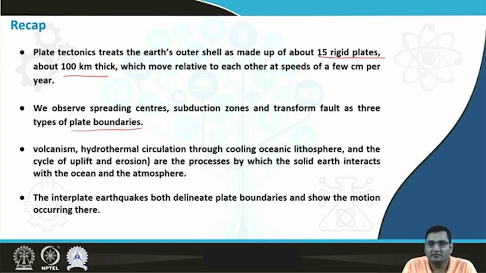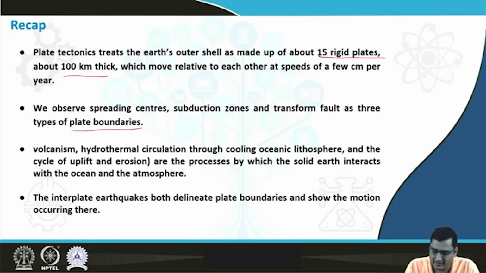Those are basically the convergent plate boundary, that is at the subduction zone, the divergent plate boundaries, that are spreading centers or the rift zones, and the transform faults where the plates move relative to each other horizontally.